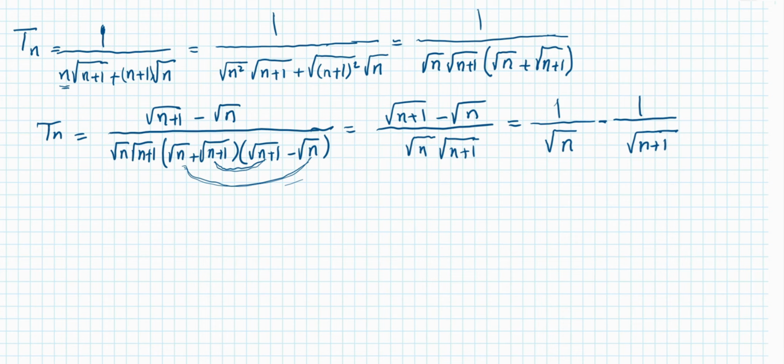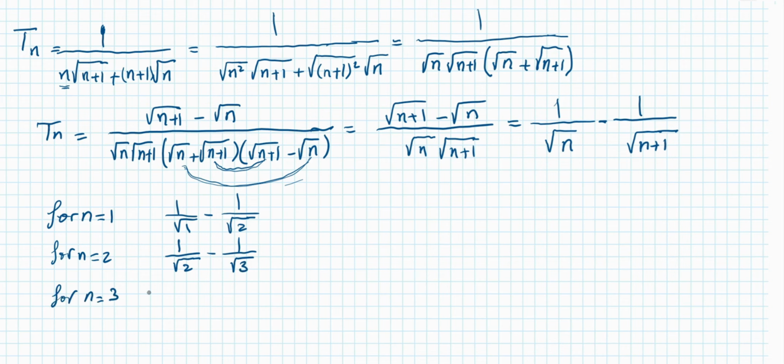So let's evaluate some terms of this as an example. For n equal to 1, we have 1 over the square root of 1 minus 1 over the square root of 2. For n equal to 2, we have 1 over the square root of 2 minus 1 over the square root of 3.